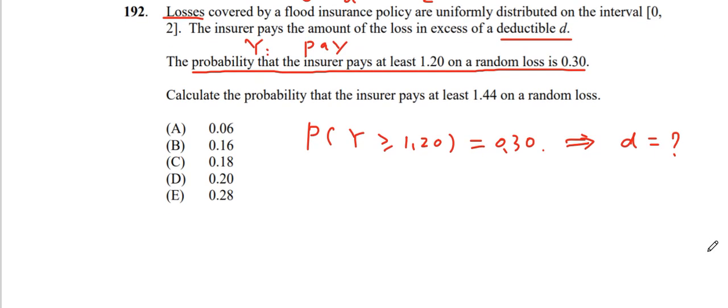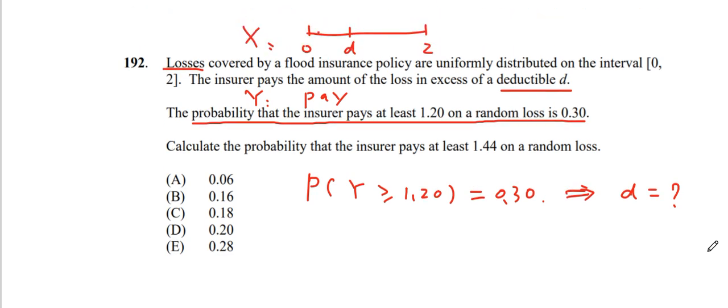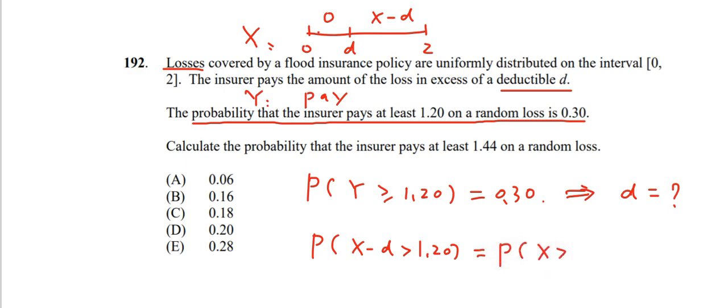The payment is at least 1.20, meaning the payment is 0 from 0 to d, and from there it is X minus d. So X minus d larger than 1.2 means the probability that X is larger than d plus 1.2.